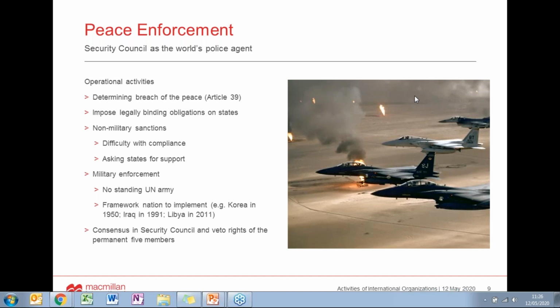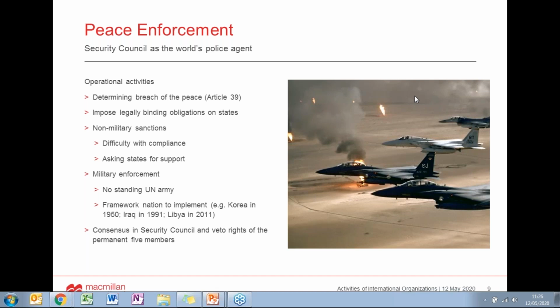There's no standing UN army, so it will always have to rely on countries to actually implement its measures. The second thing is that it's obviously very difficult to get consensus in the UN Security Council, and that permanent members of the Security Council have veto rights, so they can block sanctions, enforcement measures, or simply resolutions.